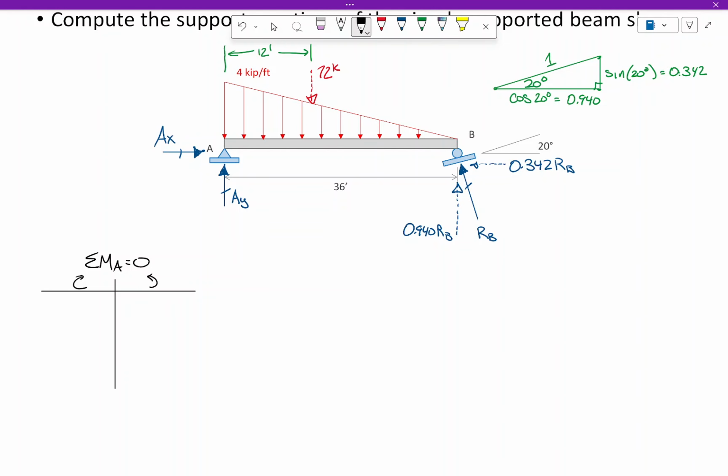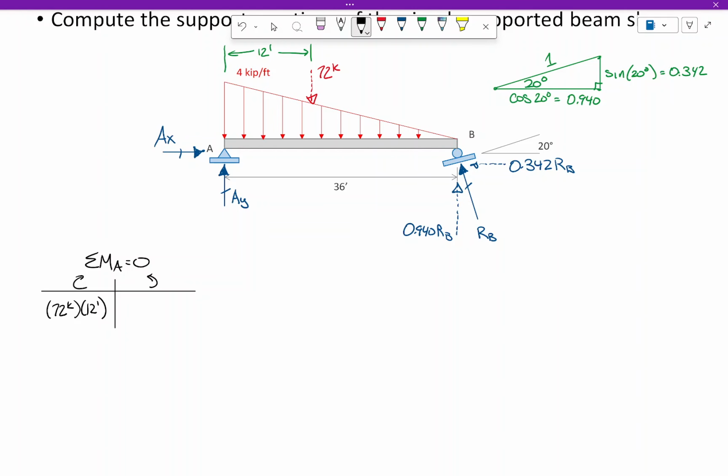Do I need to consider AX or AY? No. Do I need to consider the 72 kips times a moment arm of? There we go. I don't think I need all that.